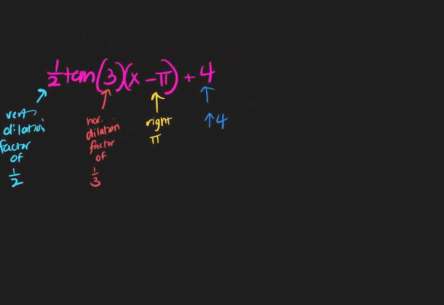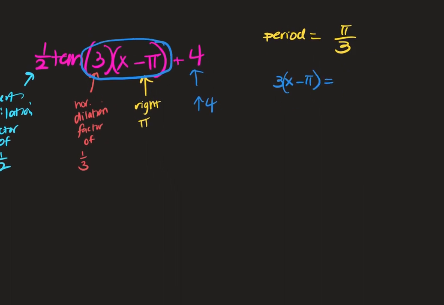Okay, now we find our period. Period is pi over b. So pi over 3. Then we find our middle asymptote. So we take this whole thing, whatever's next to tangent, and we set it equal to pi over 2, because that's where your original asymptote is for tangent.